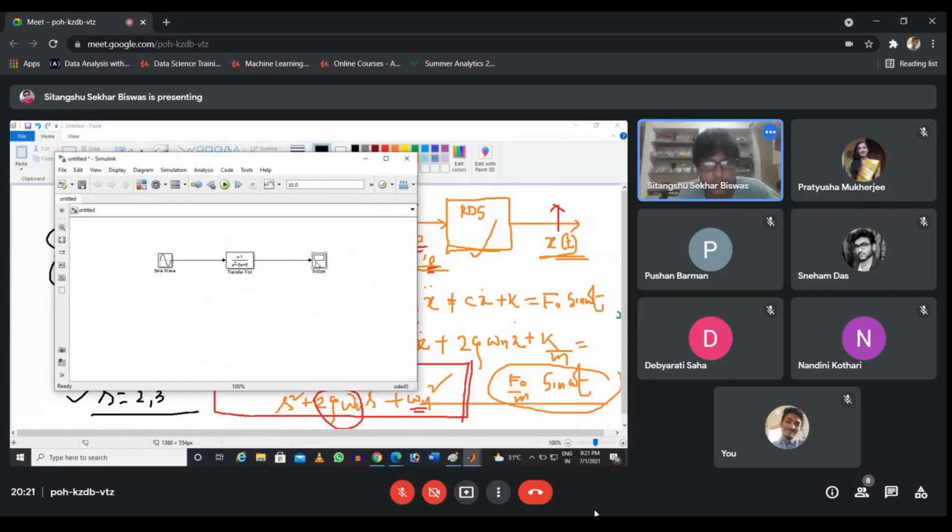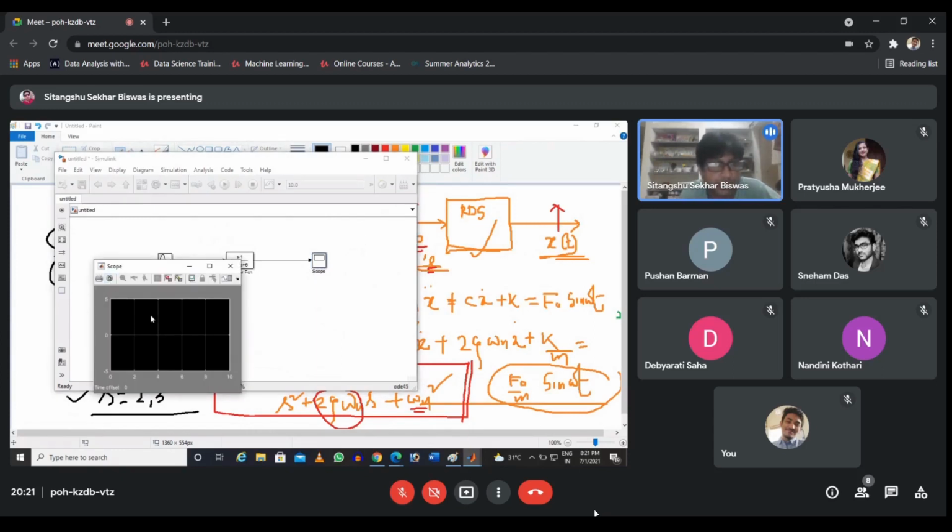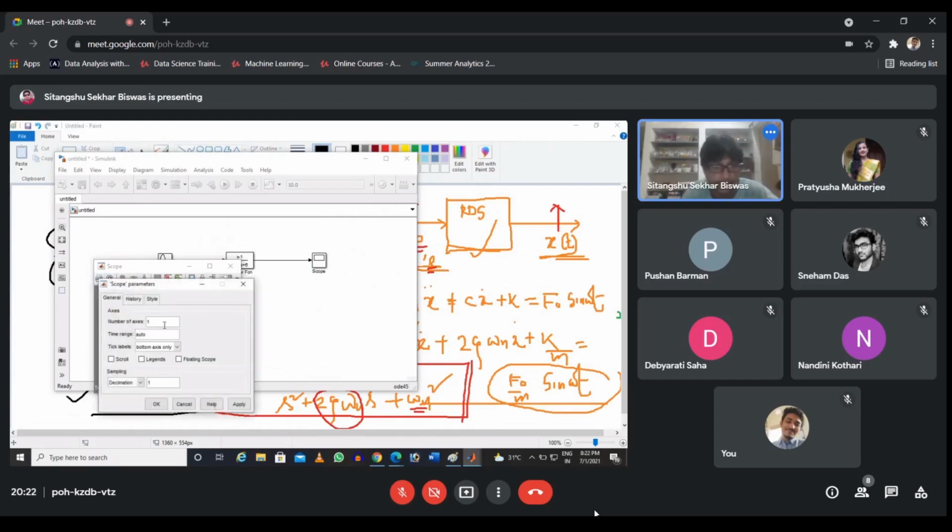Okay, so now I'll change the axis of the scope because I need that two data. You go to the settings, and the number of axes will be 2.